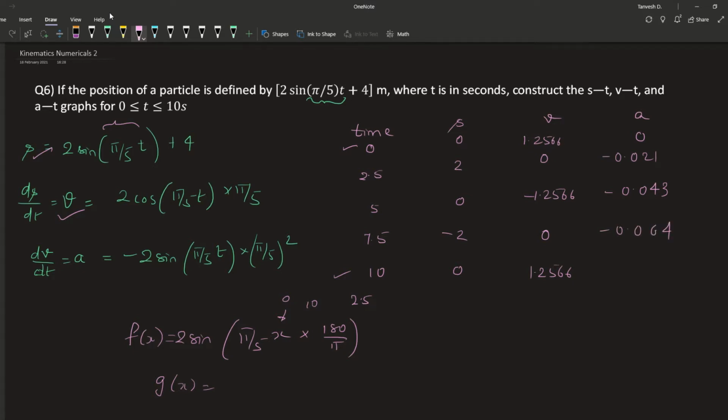Okay, I think so you will get acceleration as 0, minus 0.789, 0, plus 0.789 and 0. Finally, we can plot these values on the graphs.